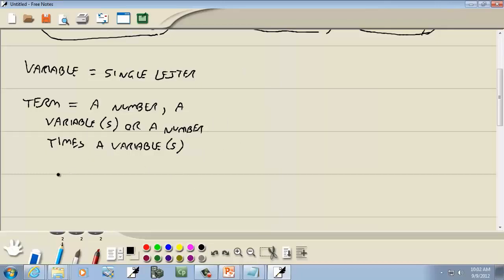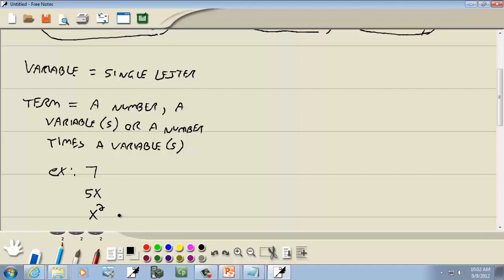Examples of terms. 7 would be a term. 5x, a number times a variable. Remember, a number next to an x indicates multiplication. This right here would be a term. And you're sitting there, well, it doesn't say anything about exponents, but I say a variable and I have an S on there. Well, remember what x squared means.